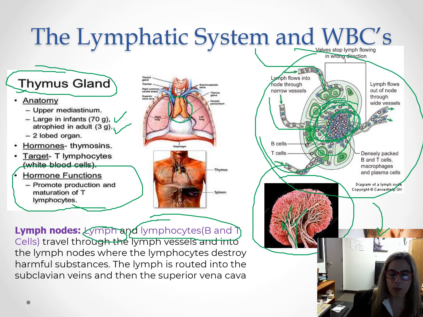And that's why when someone is sick, they get swollen lymph nodes like it shows in the picture here, because there's a proliferation of white blood cell production and activity in there. Okay, so it's not uncommon to have that swelling when someone is fighting off an infection or just after they fought off an infection. But it should go down and go back to normal after the person is well again.